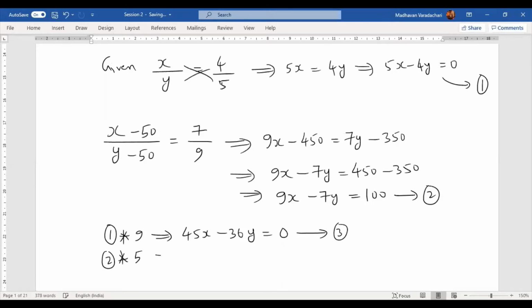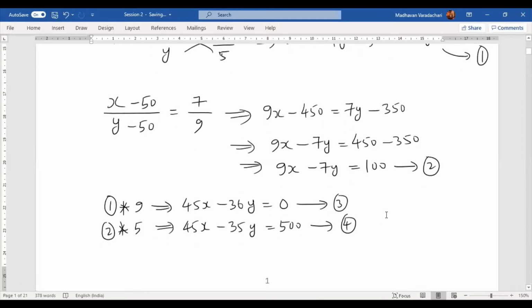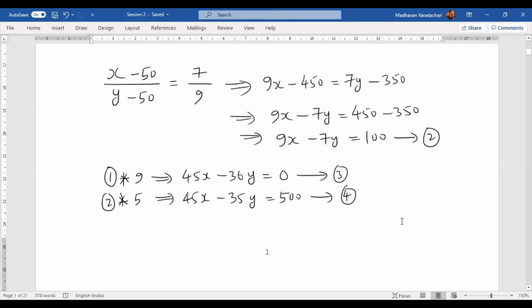Then similarly, the second equation, we decided to multiply it by 5 so that we get a common coefficient 45 in this equation as well as the next equation. So 9 into 5, it becomes 45x minus 5 into 7, it becomes 35y is equal to 5 into 100, it is 500. So that gives us our new fourth equation. Now we can subtract third and fourth equation.